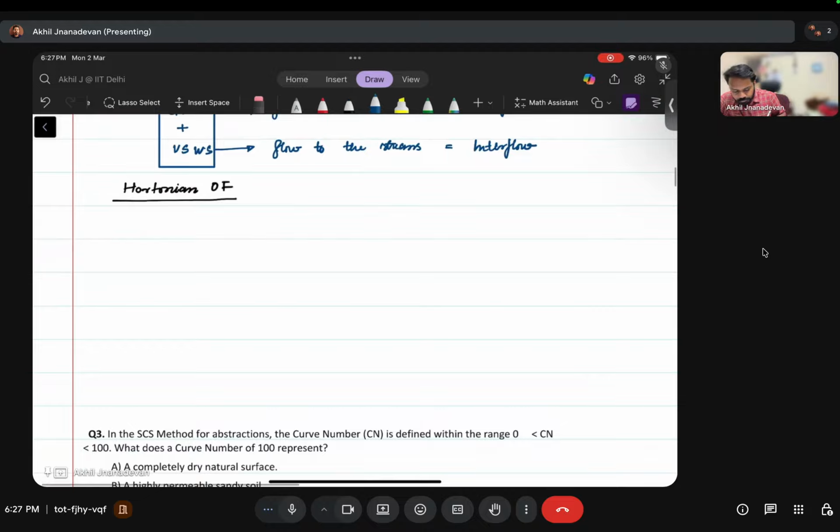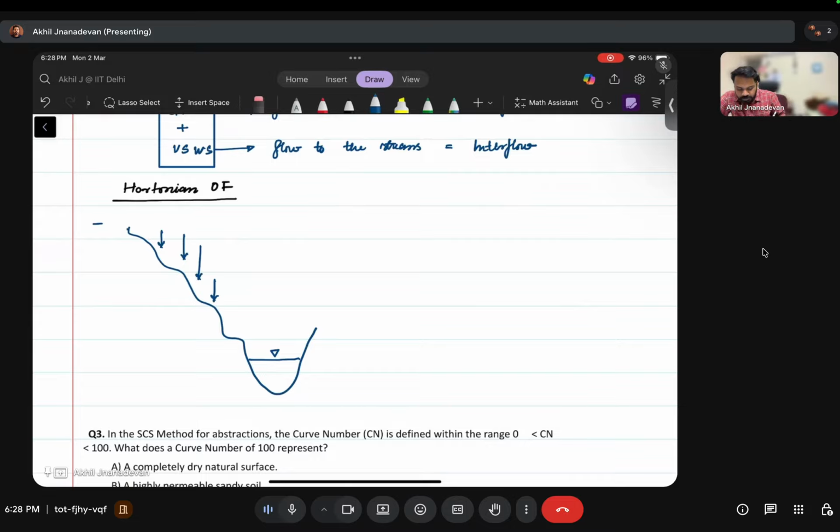right? So Hortonian overland flow is nothing but the catchment is saturated from the top, right? If I could explain this with a diagram, so if you have seen the lecture, it would be clear to you. Like we take a hill slope and we have a stream at the bottom. So this has water here, and let us consider rainfall is happening over this particular stream.